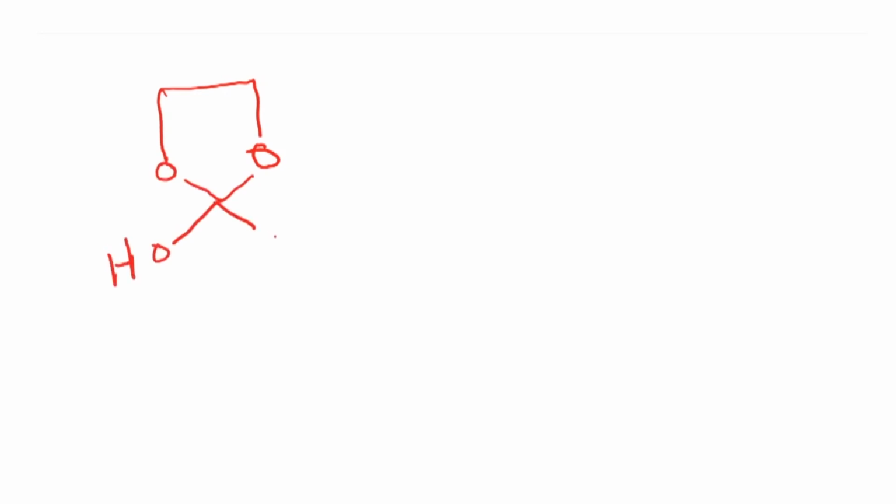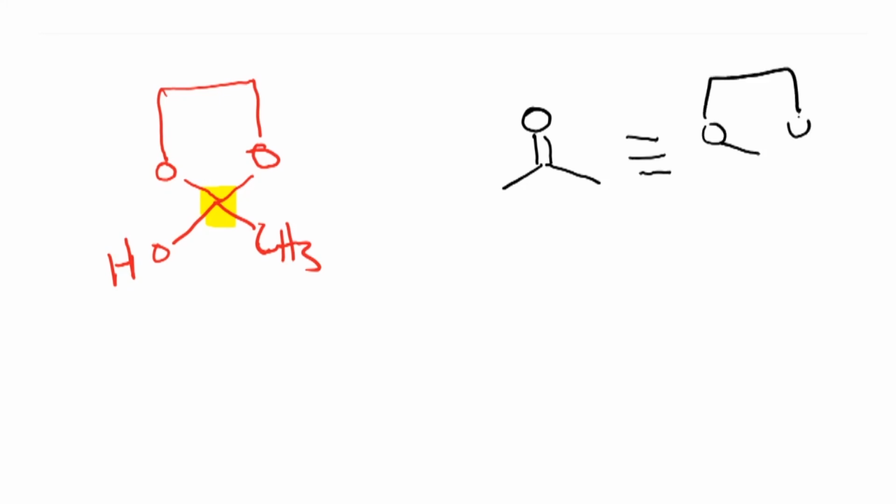So if you see here, this is CH3 and there's a carbon. This carbon is flanked by 3 oxygens. Okay. So if you formally look at it, if I take a ketone, which we will study very shortly, and if I react it with a diol, then I get an acetal. Okay.